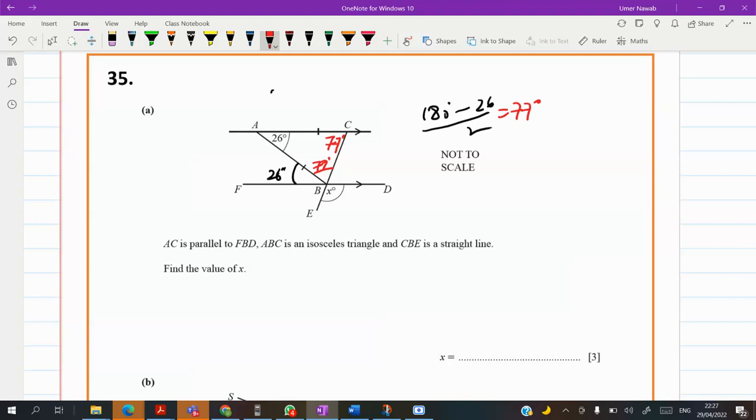So guys, what these angles are equal to, this angle is the same as this, I must say x is equal to 26 plus 77. Then you write down the angle over here.